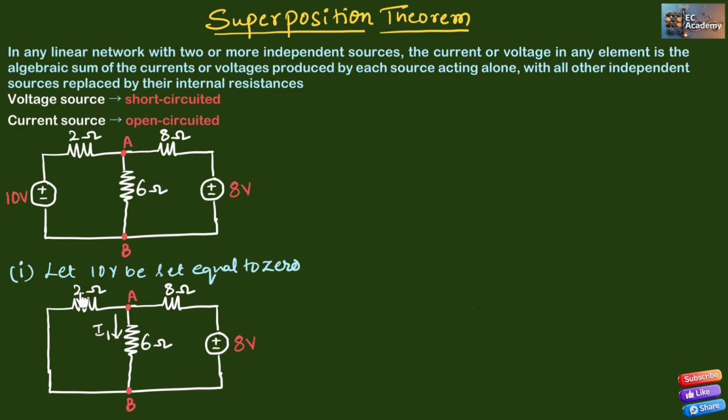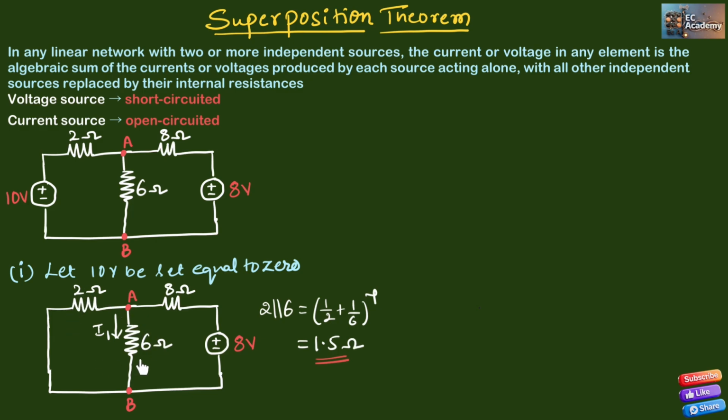In this circuit, 2 ohm and 6 ohm resistors are in parallel. Applying the parallel formula, it will be (1/2 + 1/6) inverse. So the parallel resistance will be 1.5 ohm.